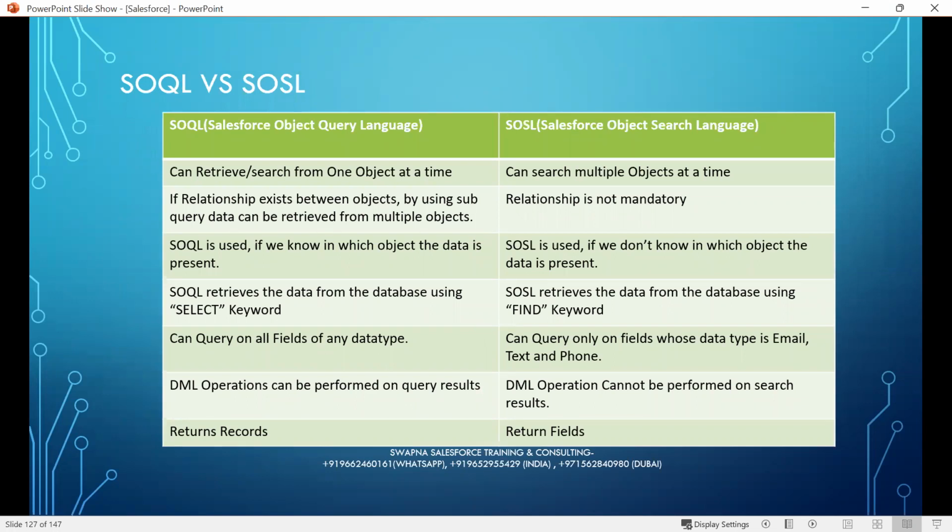The first one is that SOQL can retrieve or search from one object at a time, whereas with SOSL we can search multiple objects at a time. We can search in a single object or multiple objects.